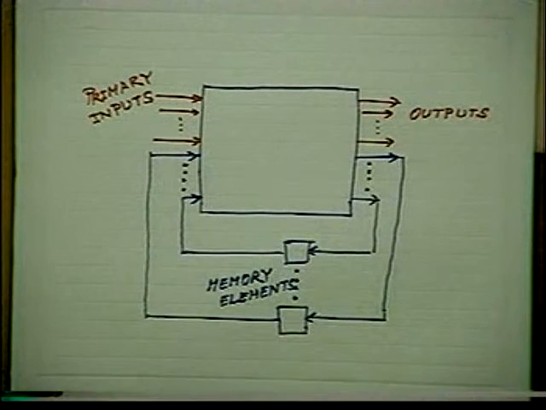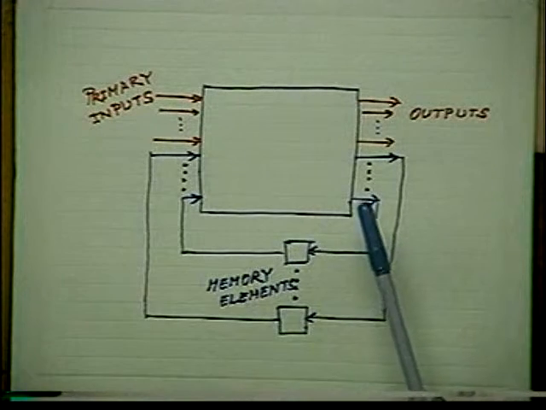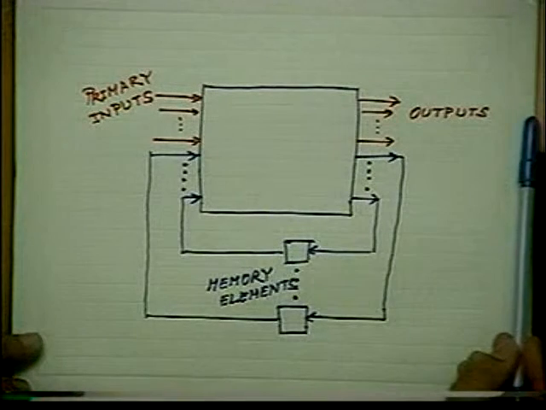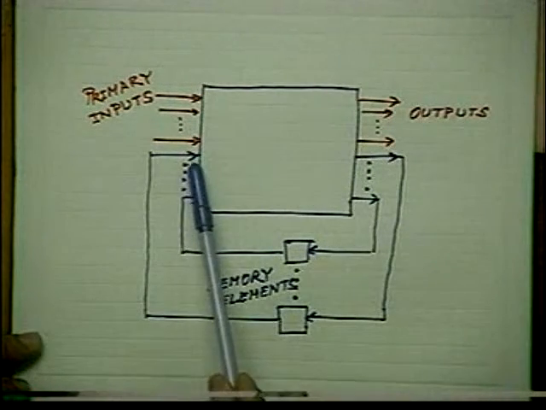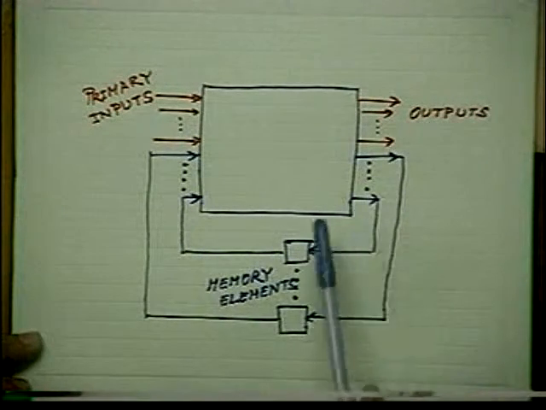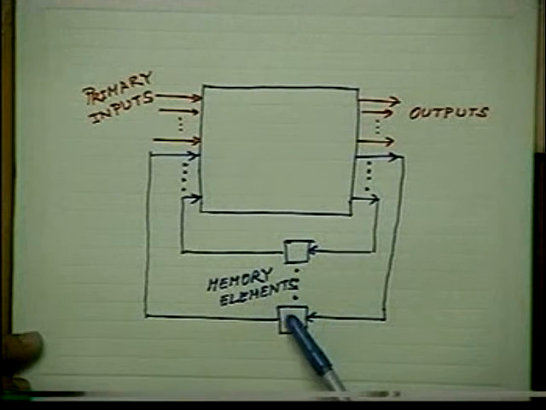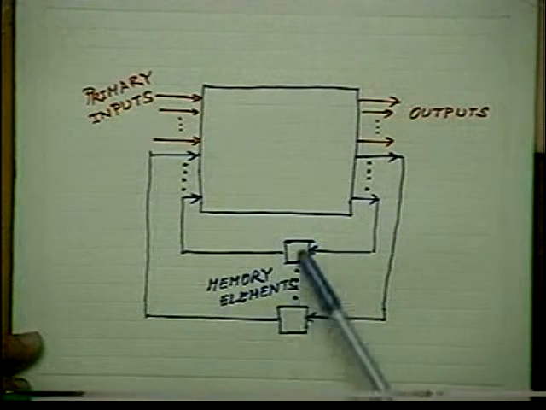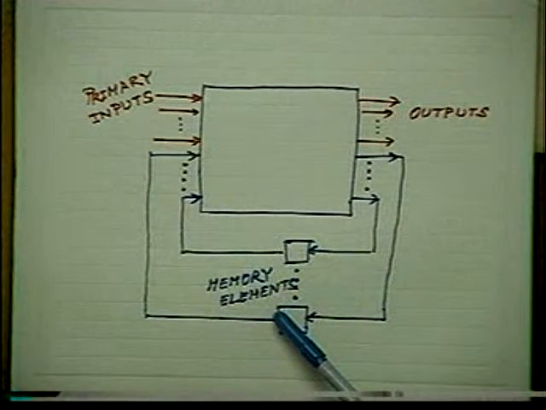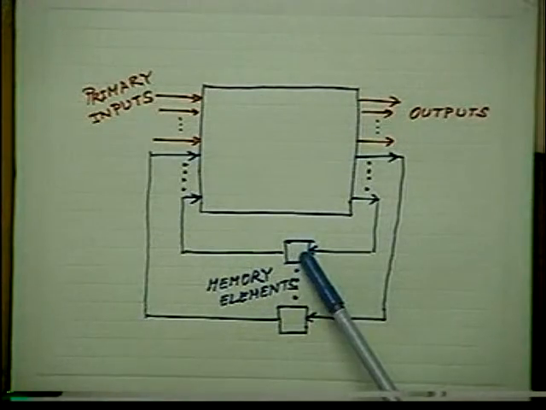Therefore, here we have some primary inputs and correspondingly some outputs. Apart from that, you have certain secondary inputs. These are coming from the outputs of some memory elements. The memory elements are in fact the flip-flops, of different kinds, say JK, SR, D. Each can contain one bit of information.